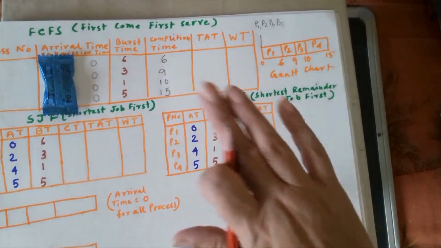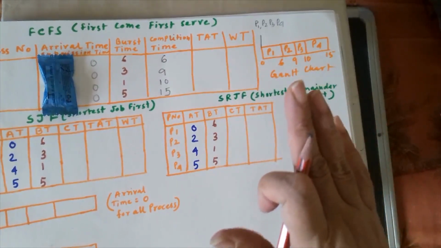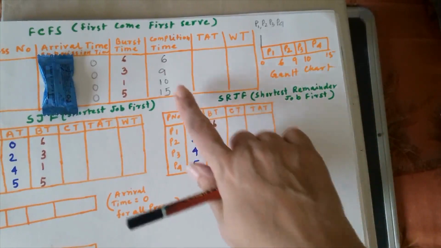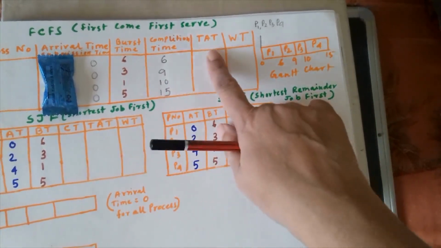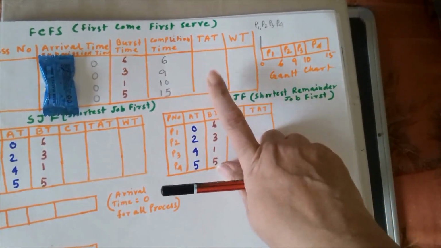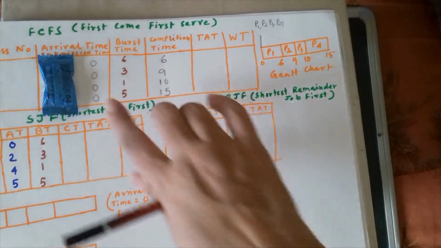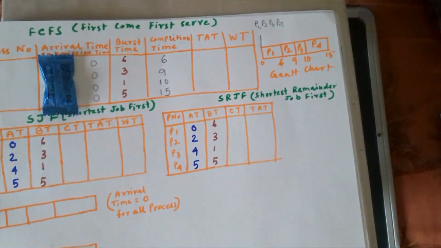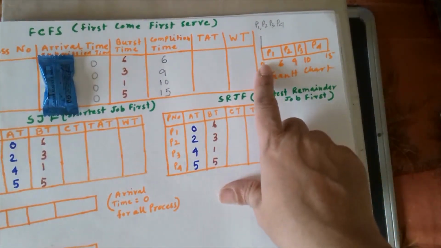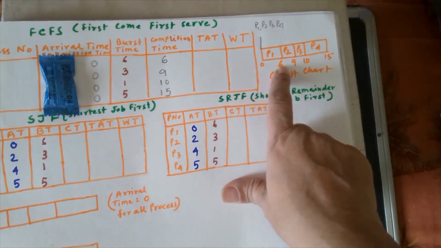One more important thing I will tell you, see, turnaround time and completion time, especially in the case of FCFS and SJF, will be the same if arrival time is 0. Turnaround time is, as we said, submission time to completion time.